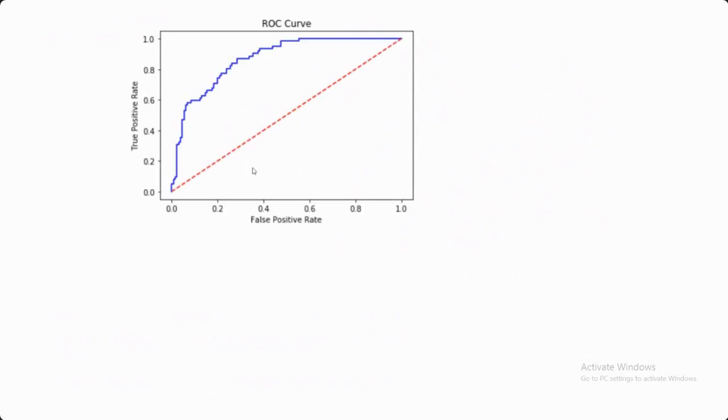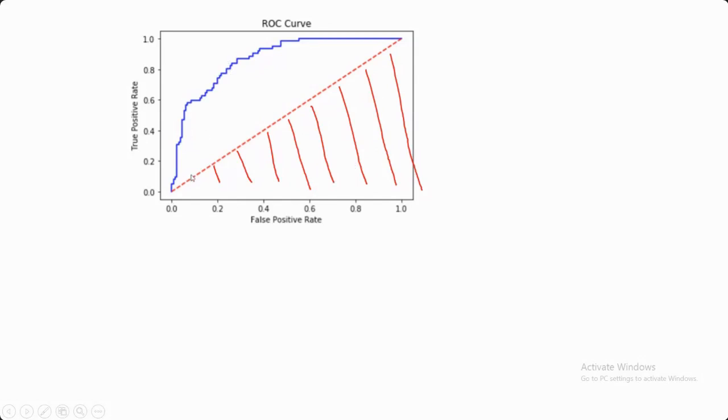Next, with respect to the AUC curve, as I said, this is going to be the area under the curve. For the curve which your model is drawing, how much area has been covered by that curve. This is going to help you calculate your AUC. For this case, if you consider this red line, this is the area which is going to be covered.